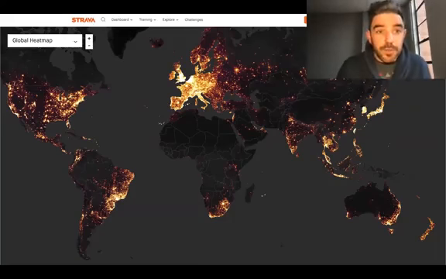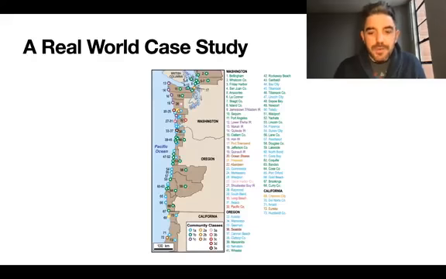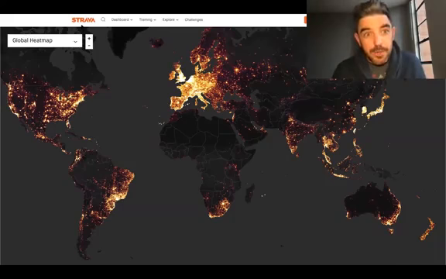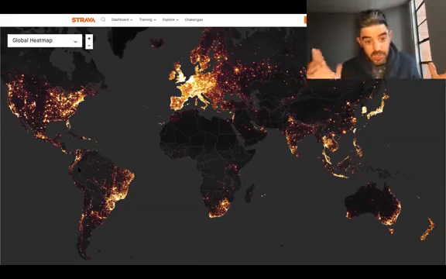So for example, if we were looking at this map, one could make the very false assumption that in the Democratic Republic of the Congo, nobody runs, which is of course not true. It just happens to be the case that this particular app is probably used by more affluent people who run for recreational purposes.